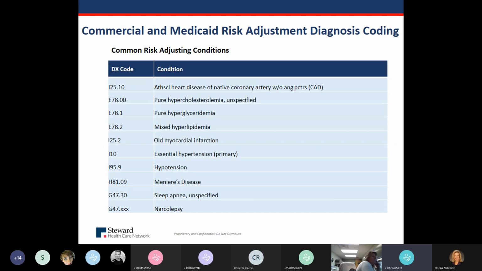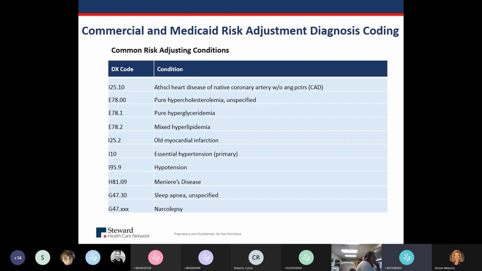So just some examples of commercial and Medicaid diagnoses that are not in the Medicare model. There is a lot of overlap between Medicare and Medicaid and commercial, but there are some conditions that wouldn't be. And coronary artery disease is one of them.